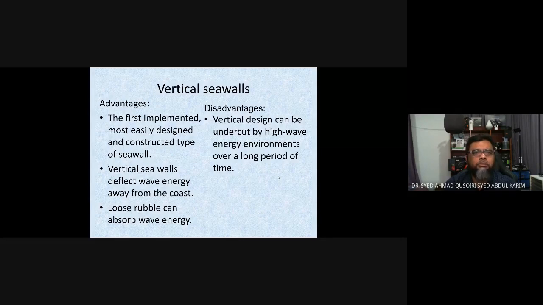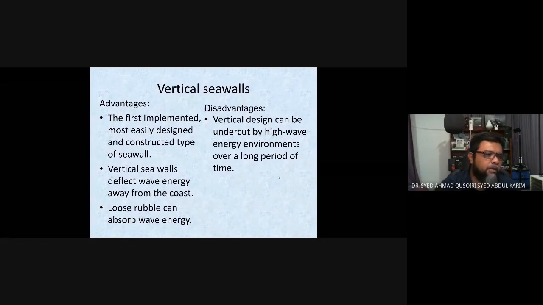Whose rubble can absorb the energy. The disadvantages: it can be undercut by a high wave energy environment for a long period of time. So this design, if not built properly, will not last that long.